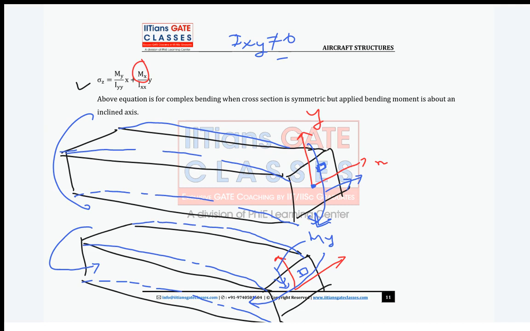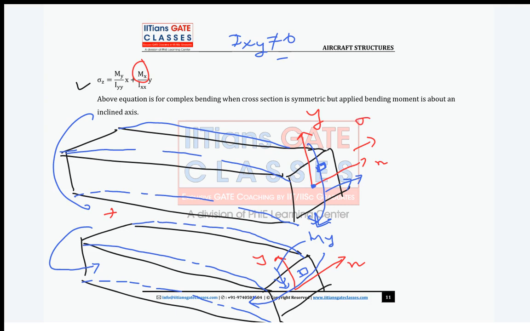Now you guys are understanding this part? Yes or no, guys? In complex bending, it is what? Superimposition. Somebody was telling, we can superimpose. Yes, we can superimpose two simple bendings, it will become a complex bending. So what is this case in terms of simple bending?